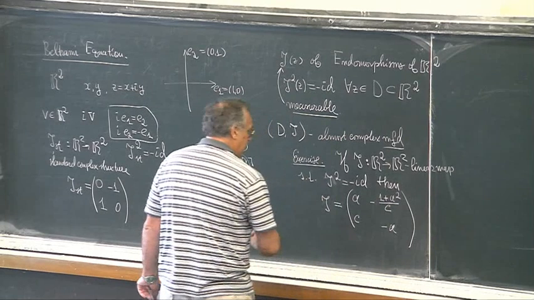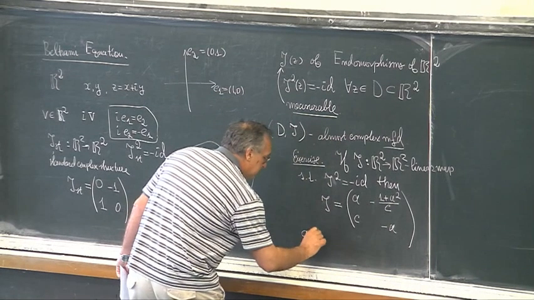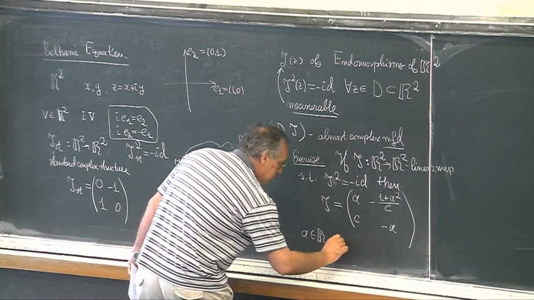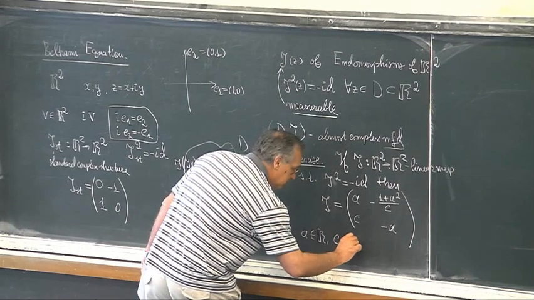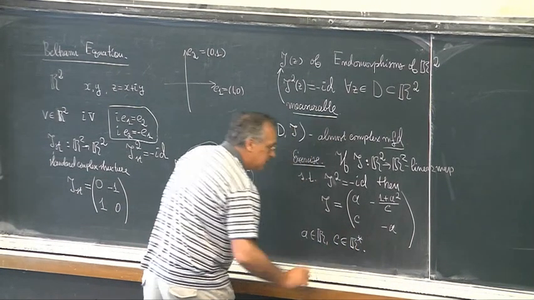Here a is any real number, and c is a non-zero real number.